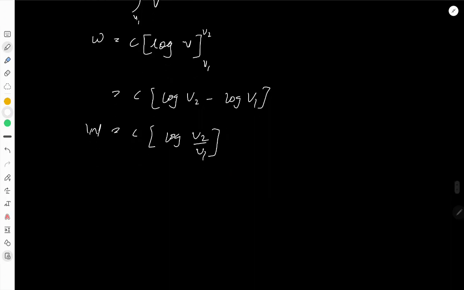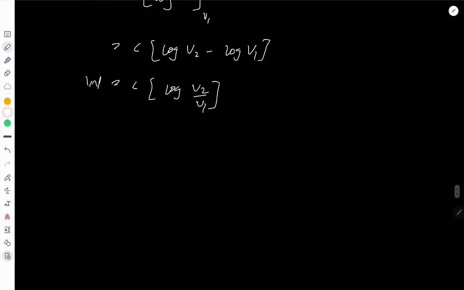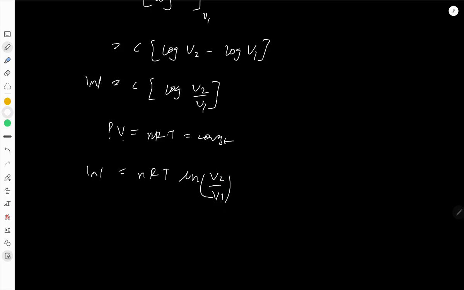Now we want to remove that constant C. Now we know PV equals nRT. PV equals constant, and that constant is equal to nRT. So work done will be equal to nRT ln V2 by V1, or it can be written as nRT ln P1 by P2.